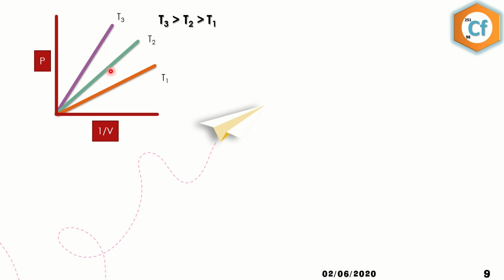If I make an imaginary line like this, then the value of pressure would be higher for T3, then T2, and then T1. We know that on increasing temperature, the gas expands, and it would have larger pressure. At higher temperature, the pressure would be higher. So T3 is greater than T2, which is greater than T1.